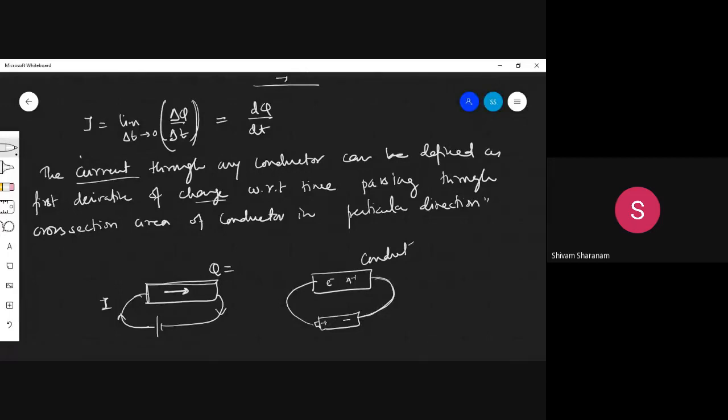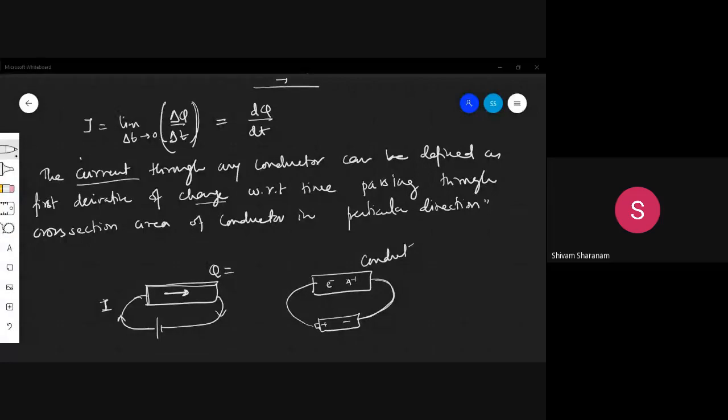Is there any extra positive charge or extra negative charge in this? How do we say our body is positively charged or negatively charged? When it has some extra electrons or some lack of electrons. Is this conductor having a lack of electrons, or any extra electrons?